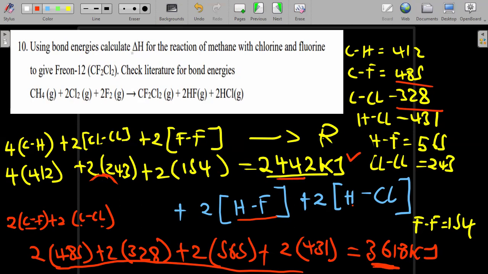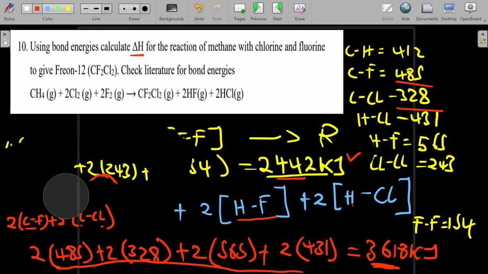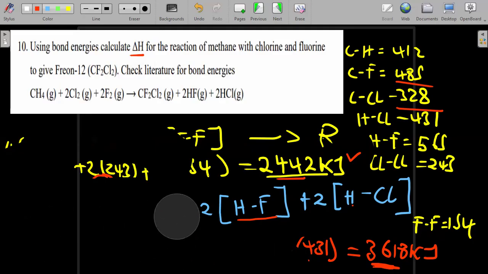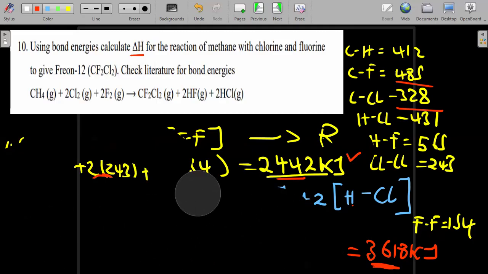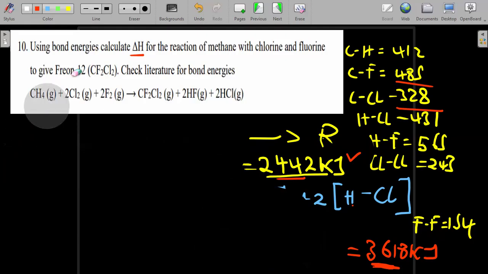So how do we find the change in H? Change in H is equal to the total bond energy of the reactants minus the total bond energy of the products. So let's just leave the total bond energies there.